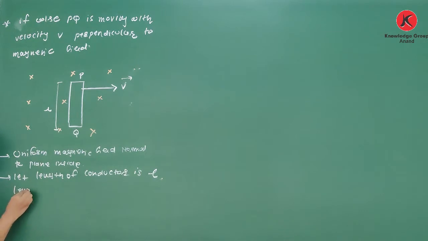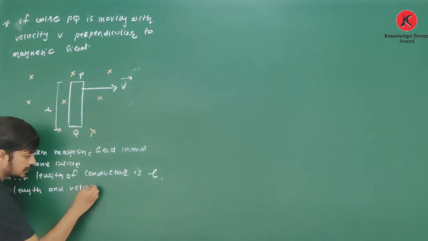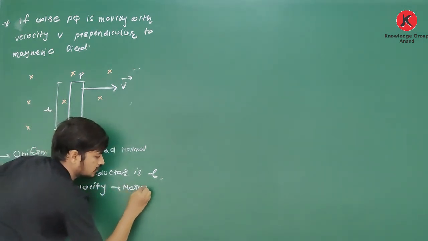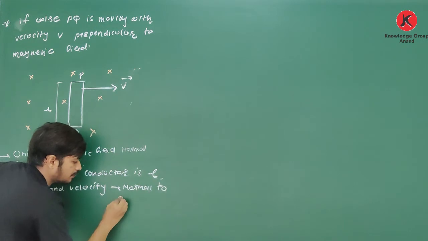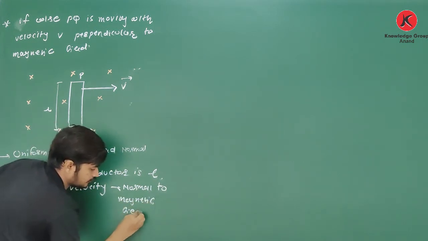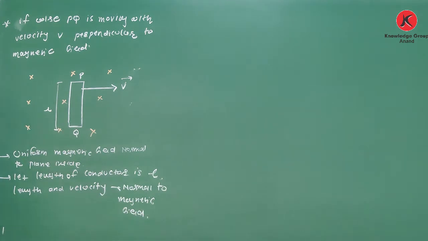So length and velocity are normal to the magnetic field. Clear about this? Now what happens?